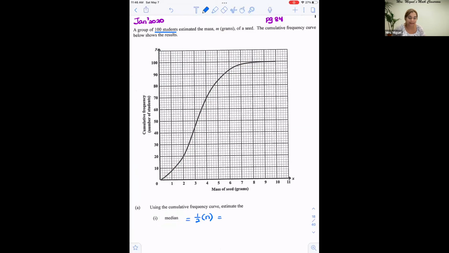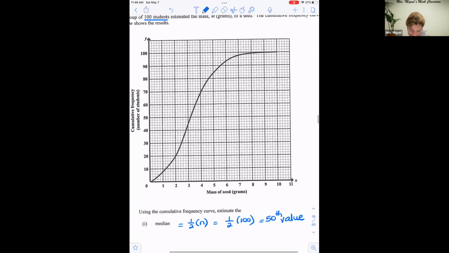How much is n here? 100. Right. So it's a half of 100, so it is the 50th value. Please do not put 50 for the median. The median is not 50. It is the 50th value. So go to your graph, find 50 and read off the value for me, please.